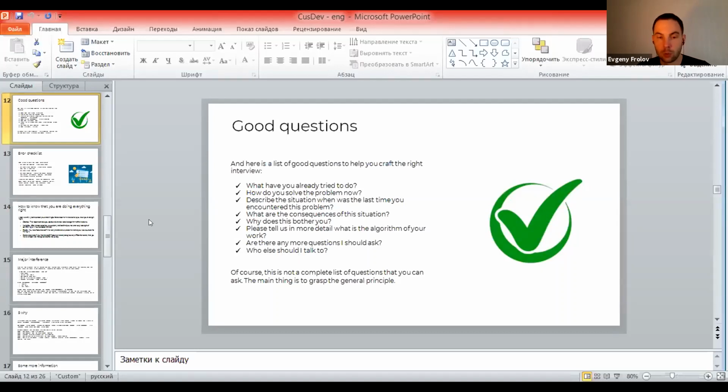Describe the situation when you did it last time, please. So what's important here? The key question is when it happened last time. It usually helps you to focus the respondent on the real situation, not on the imagination.